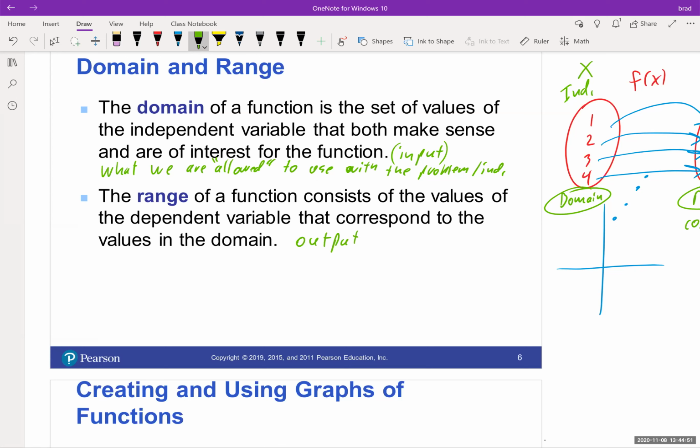Another way to think about this is what we are able or allowed to get out as a result from the function. And this is normally the dependent.